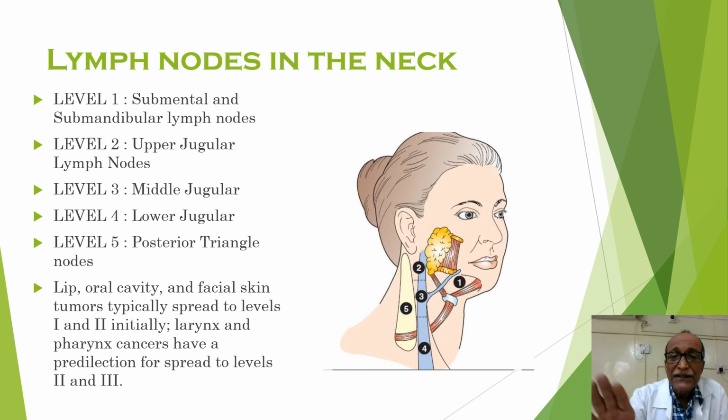This is a simplistic description of lymph nodes, but as a cancer specialist, one has to go into much detail because the prognosis of the disease is completely dependent not only on the primary but most importantly on the involvement of the lymph nodes.